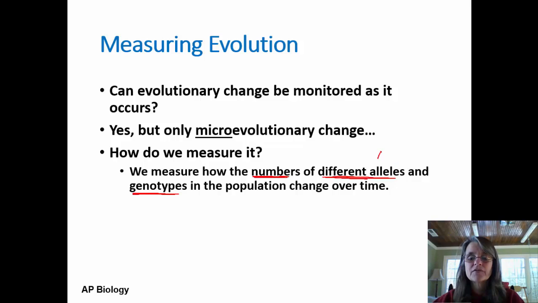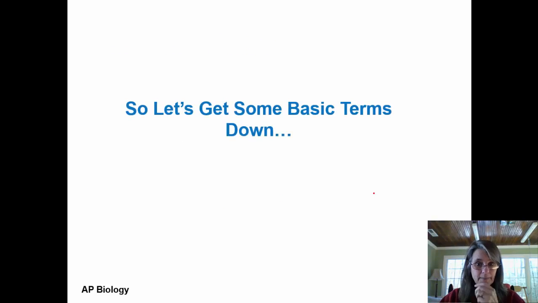Alleles, please remember, refers to either big A or little a, whereas a genotype is an individual's genetic makeup, so big A big A, big A little a, little a little a, that kind of comparison. So we will measure the numbers of different alleles and also the numbers of different genotypes in a population and see how those numbers change over time.